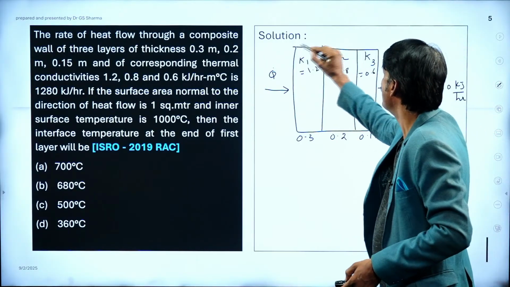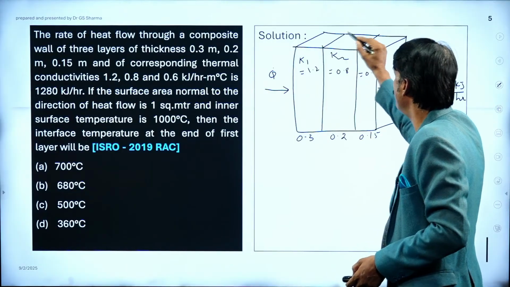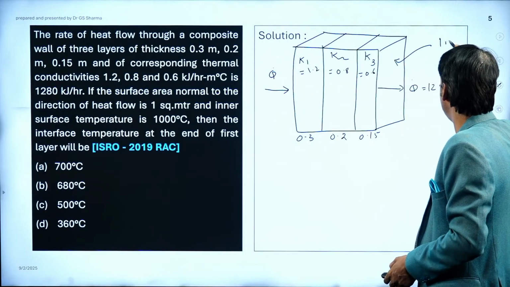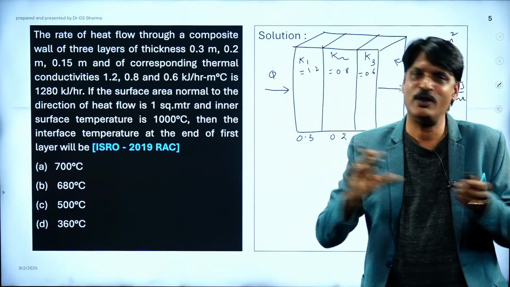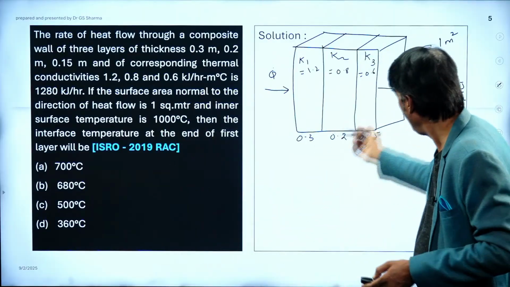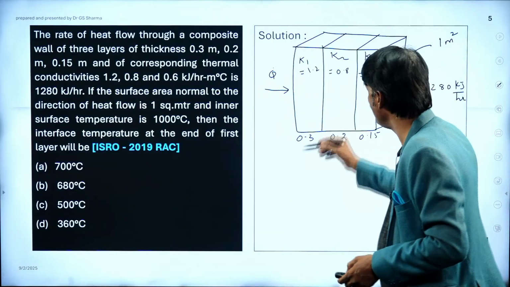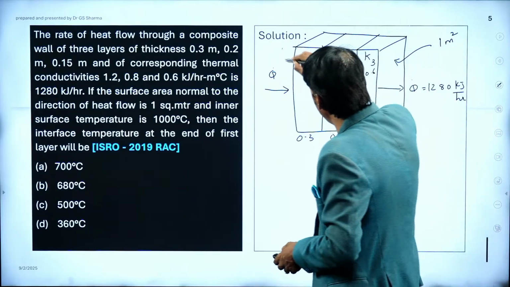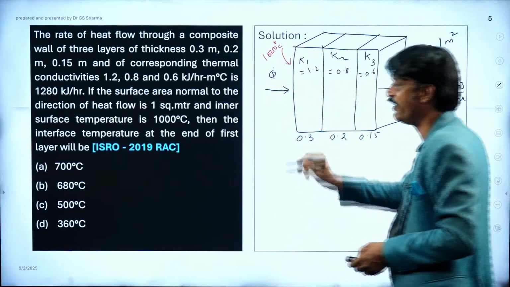I am assuming that the composite slab is prismatic, not tapered, so the area remains constant. So area is 1 meter square and the inner surface temperature is 1000 degrees centigrade.